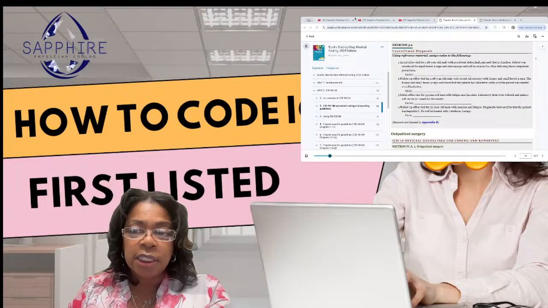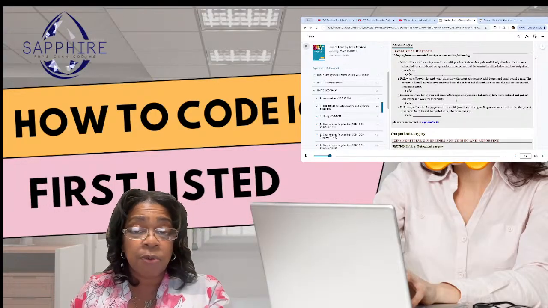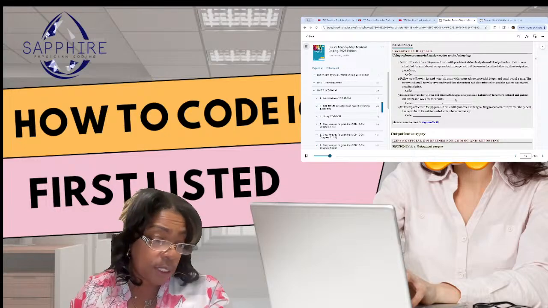So the first listed diagnosis is what we went over yesterday, and we closed out on that, and now we're doing the unconfirmed diagnosis. With an unconfirmed diagnosis, the provider may have the patient come back several times before he actually gives the patient a final diagnosis.